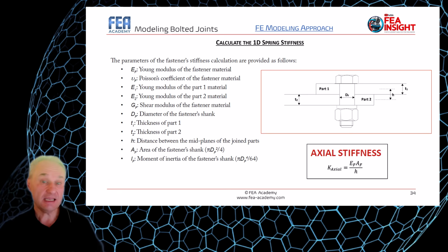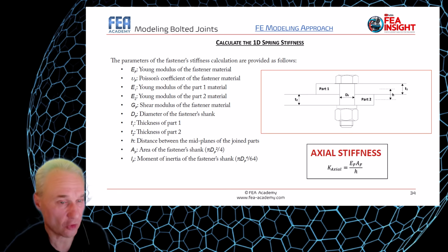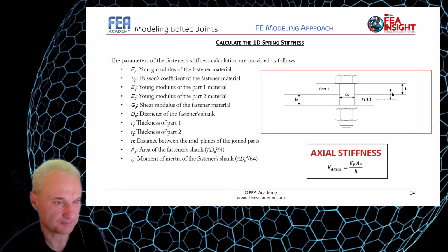So let's see how to compute the 1D spring stiffness for a bolted joint. Here I want to discuss first the parameters involved in this calculation. So you see the parameters are the Young modulus of the fastener material, the Poisson coefficient for the fastener material, the Young modulus for the two parts connected together, and the shear modulus of the fastener material.